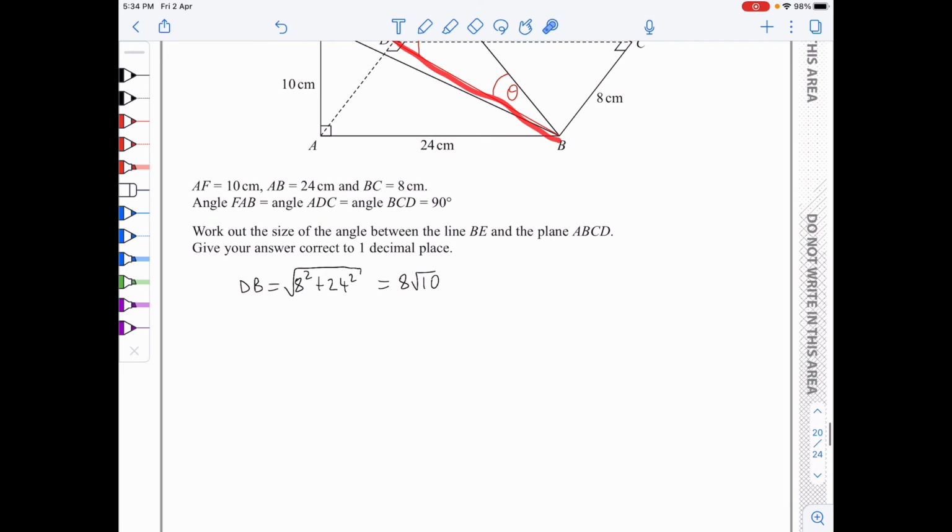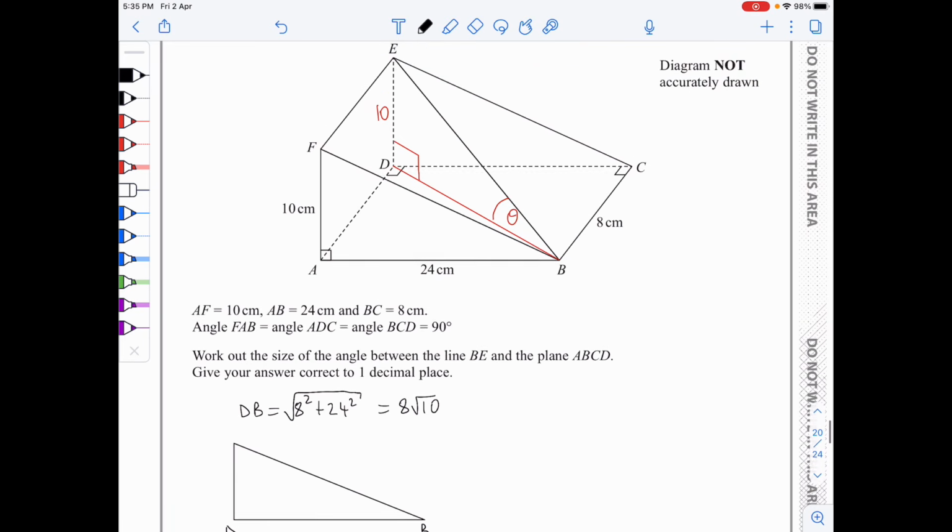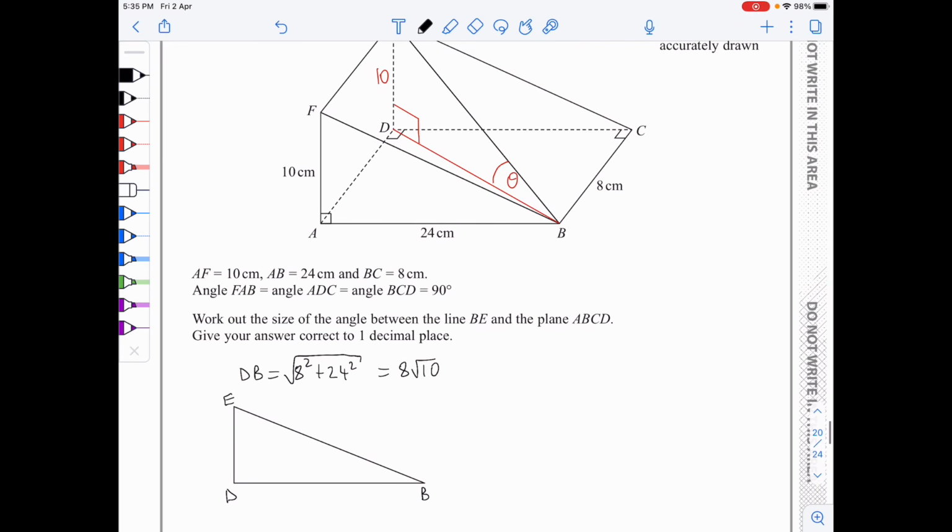And I will now just draw the triangle here. So this is D, this is B, this is E. Now this is 10, this is 8 root 10, D is a right angle, and we are after theta. So we know that tan theta is 10 over 8 root 10.